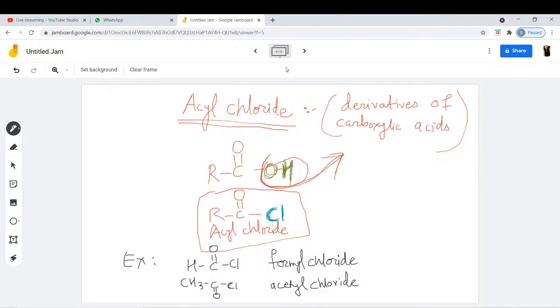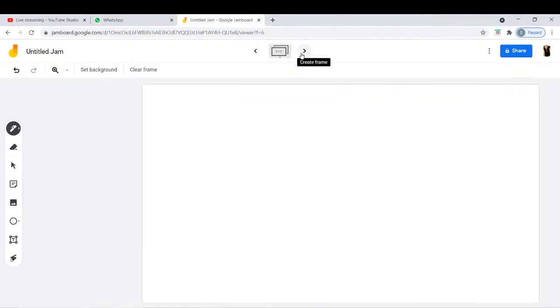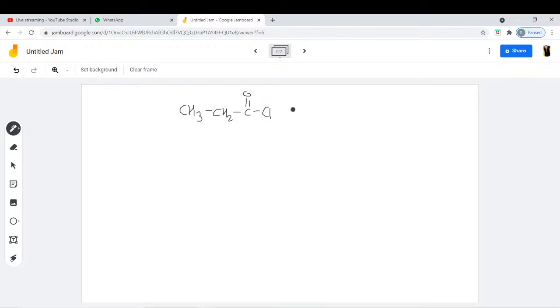Another example I'm taking: CH3 CH2 C double bond O Cl.